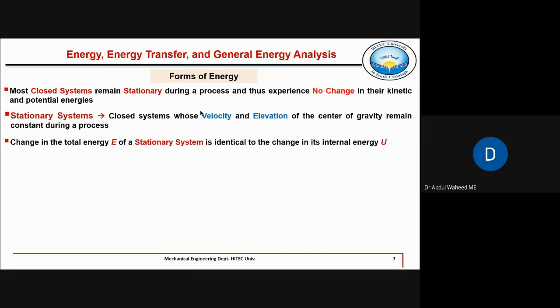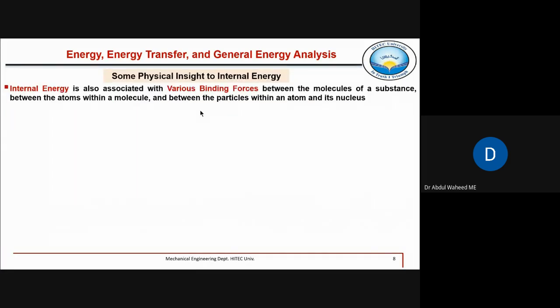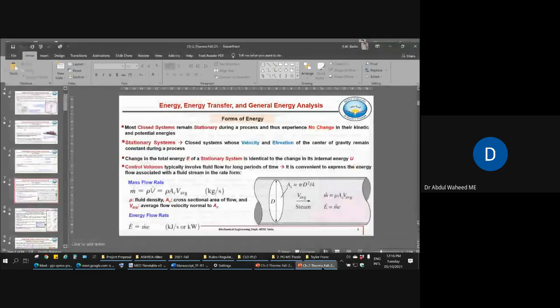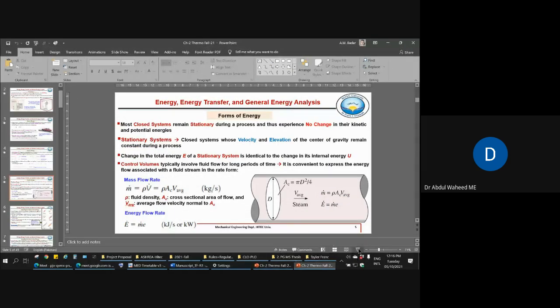When phase change is not happening, just the motion of molecules increases and the temperature rises, that is known as sensible energy. Okay, internal energy has further 3 types. Let me open another slide in which it is explained in detail.